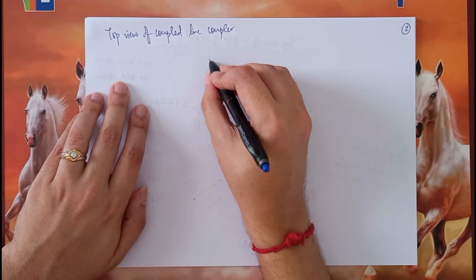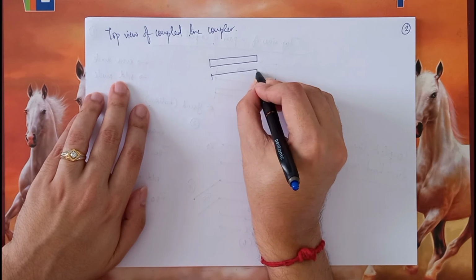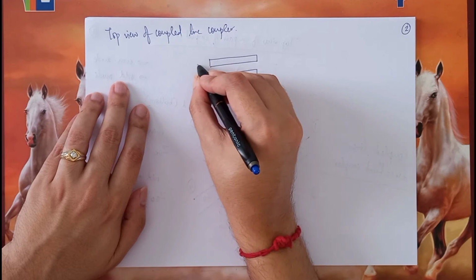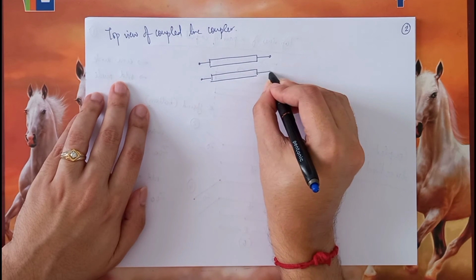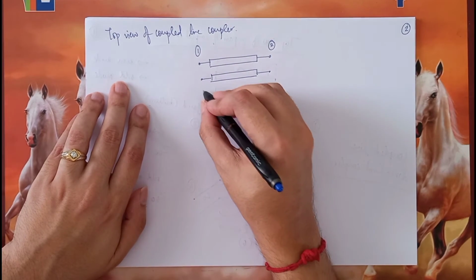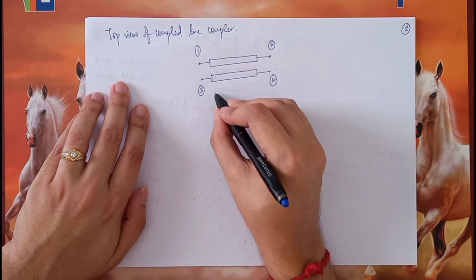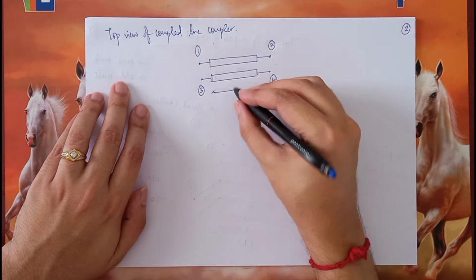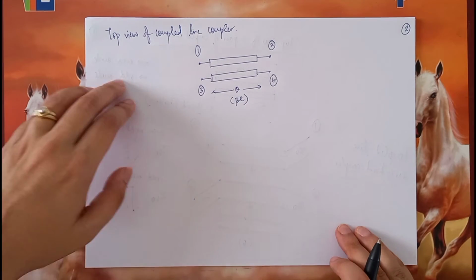We will just assume that the ground conductor is there. These are the two conductors which are in close proximity. Port 1, port 2, port 3 and port 4. Let us say each of the lines has an electrical length of theta, where theta is beta times L.